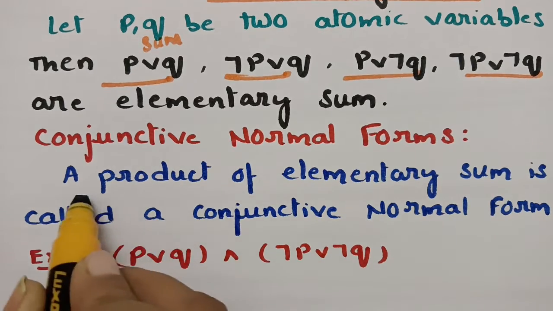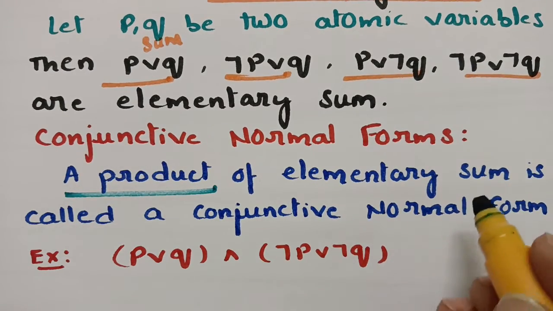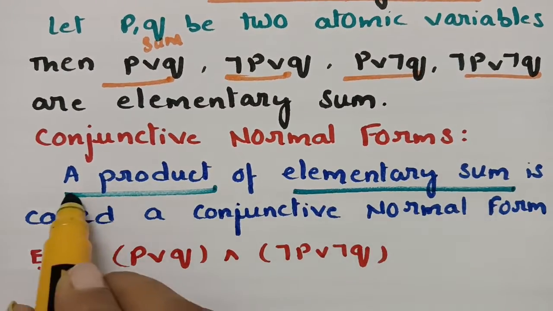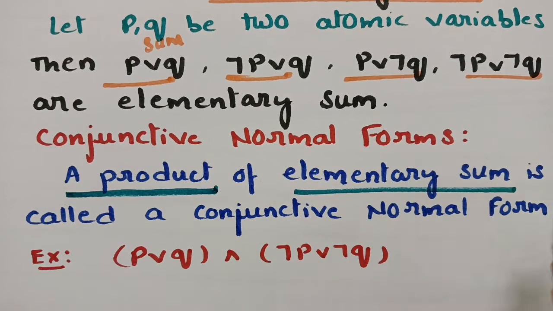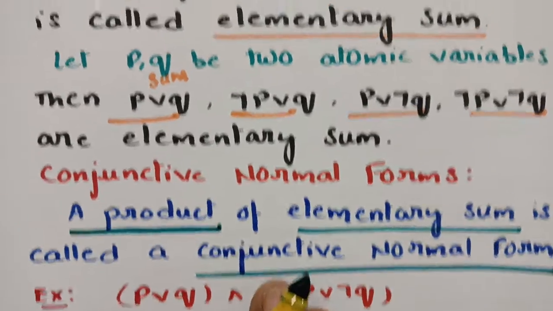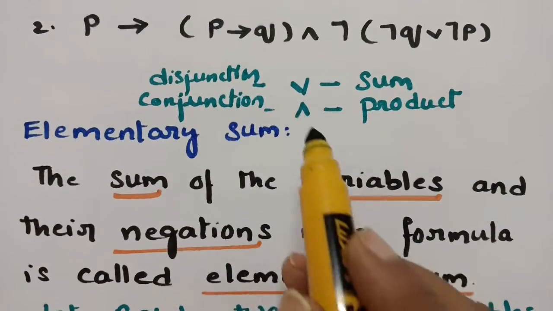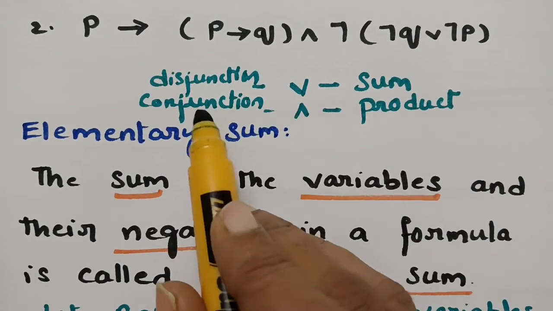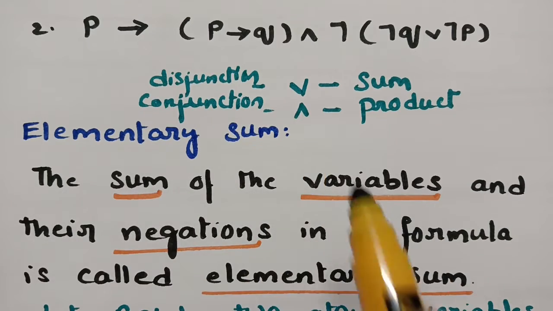CNF is a product of elementary sums. When you make a product of these elementary sums, this is known as conjunctive normal form. The product is represented by cap, or conjunction, or the and symbol.